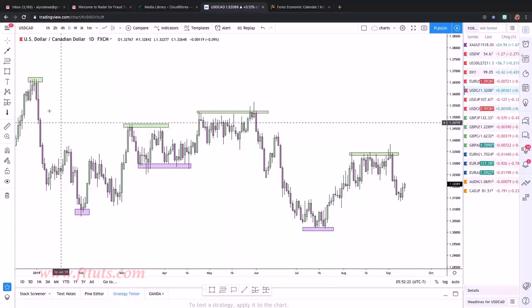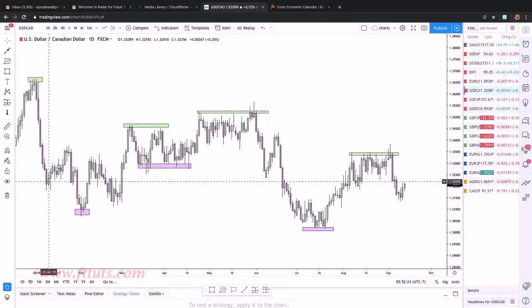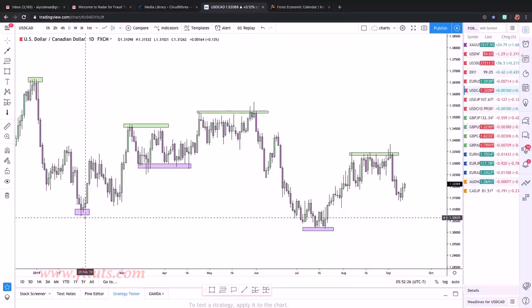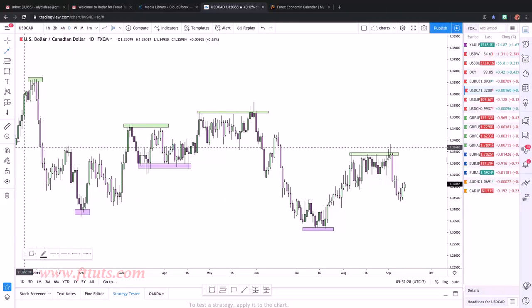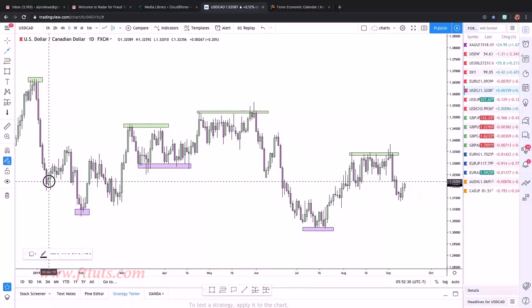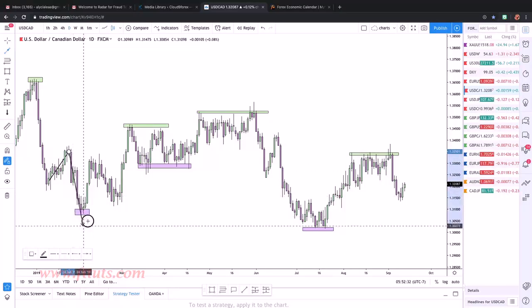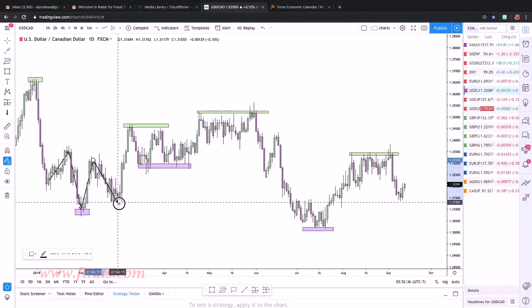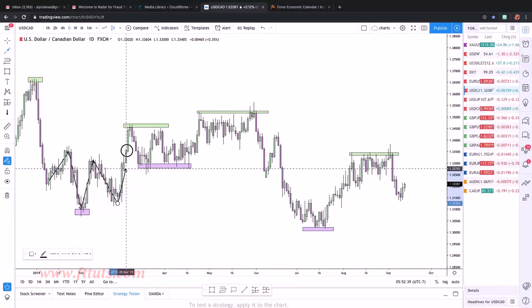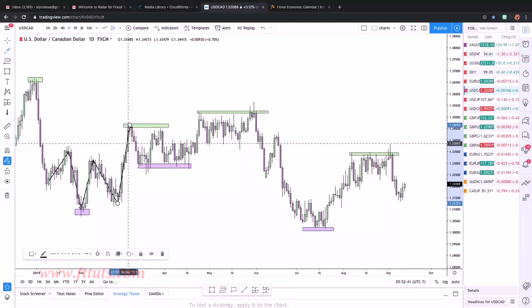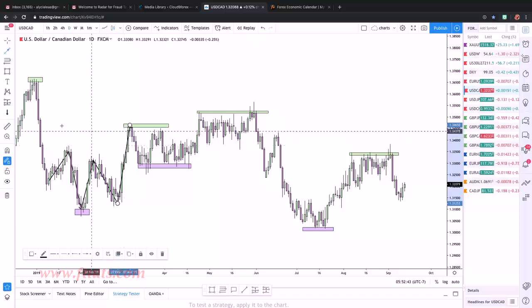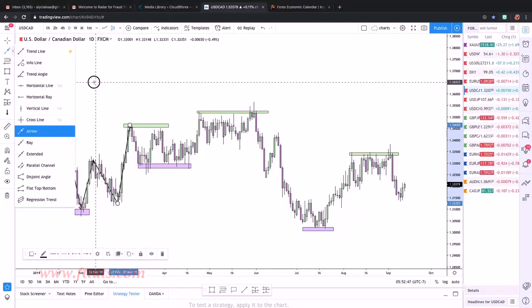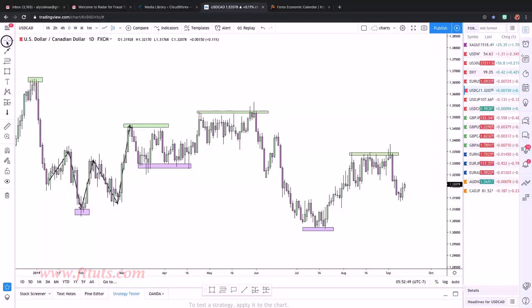So right here, you can tell that we had a huge impulse correction, and then we had an impulse again. As you can see, we created an inverse head and shoulders. When I was going over the patterns, that means that is a bullish pattern, meaning that price is ending in a downtrend and going to be in an uptrend.